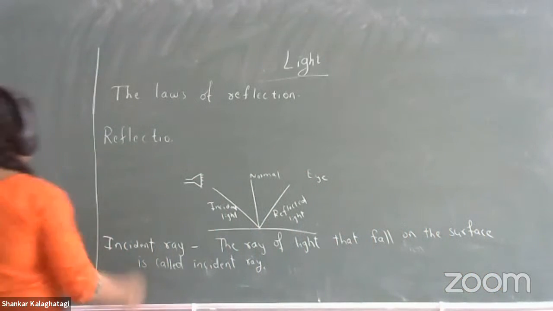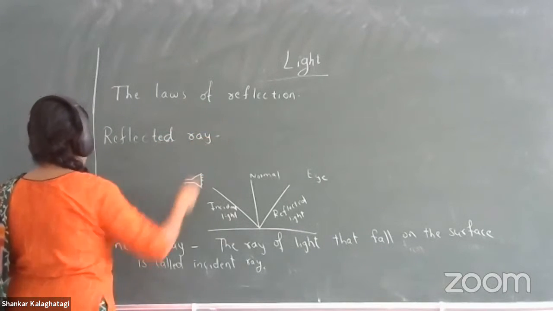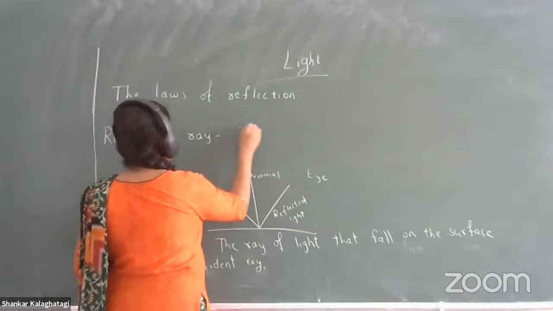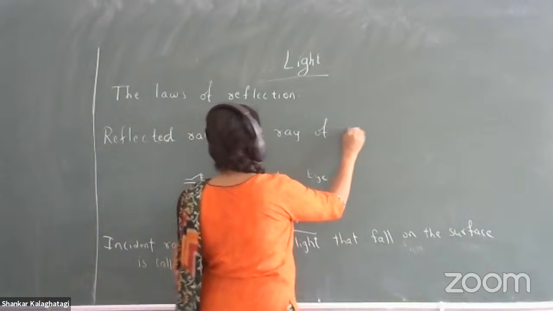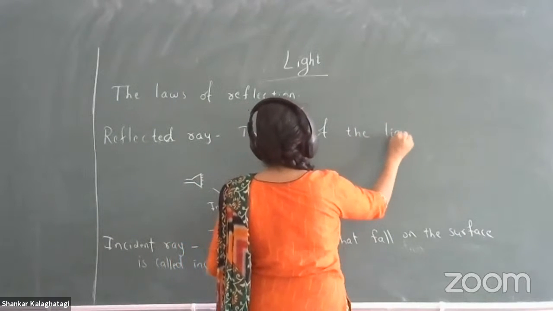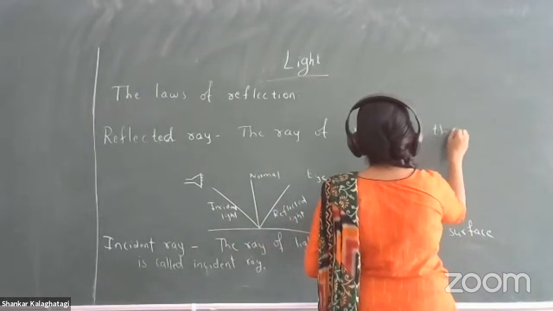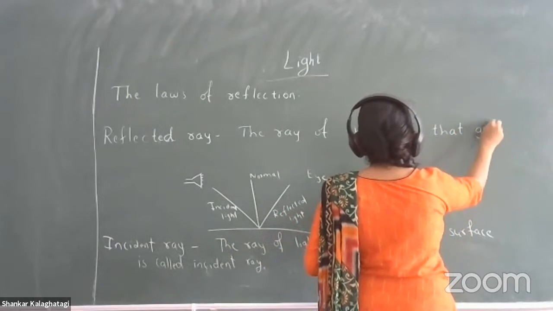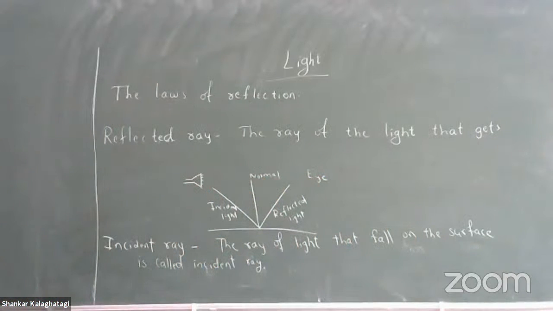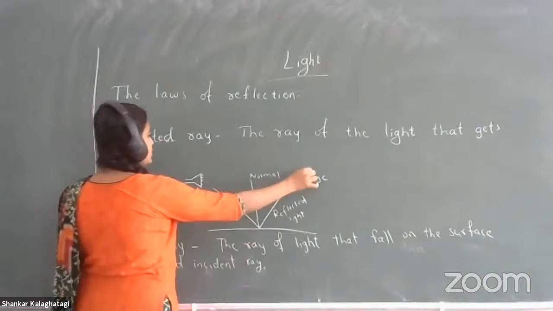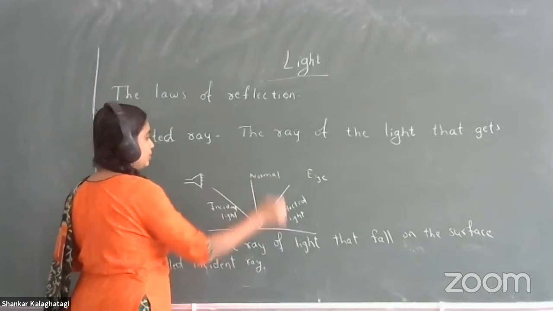Next one is reflected ray. The ray of the light that gets reflected. Ma'am, what is that, ma'am? This is normal. Incident light, reflected light, normal.